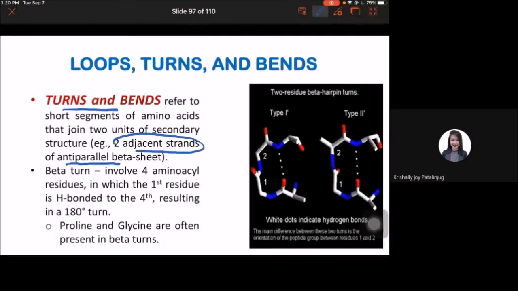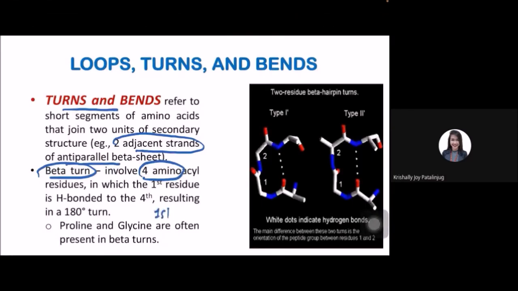And specific with beta turn, this involves 4 amino residues. Contains 4 amino residues in which, take note, the first amino acid residue is hydrogen bonded to the fourth amino acid residue, resulting in a 180 degrees turn.